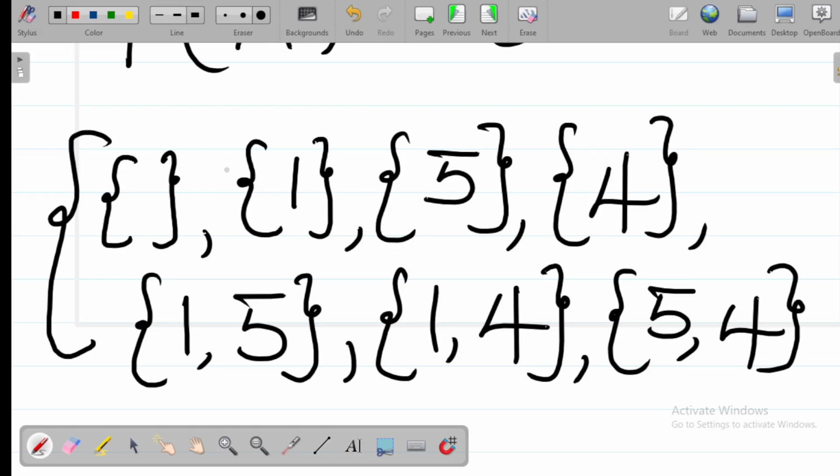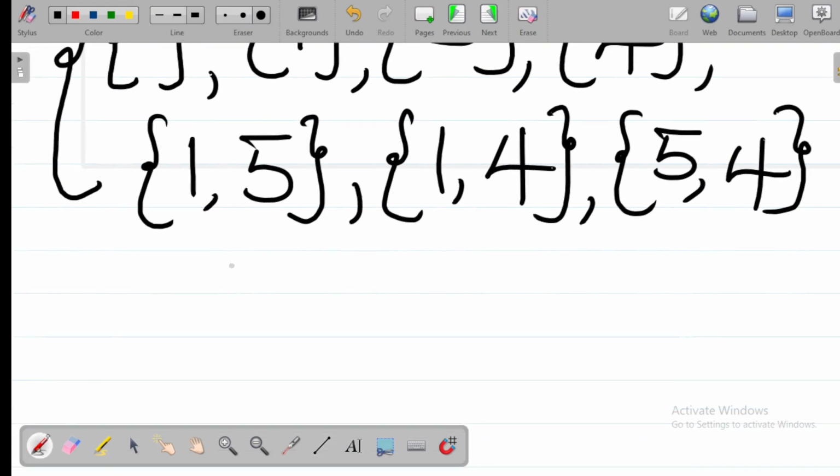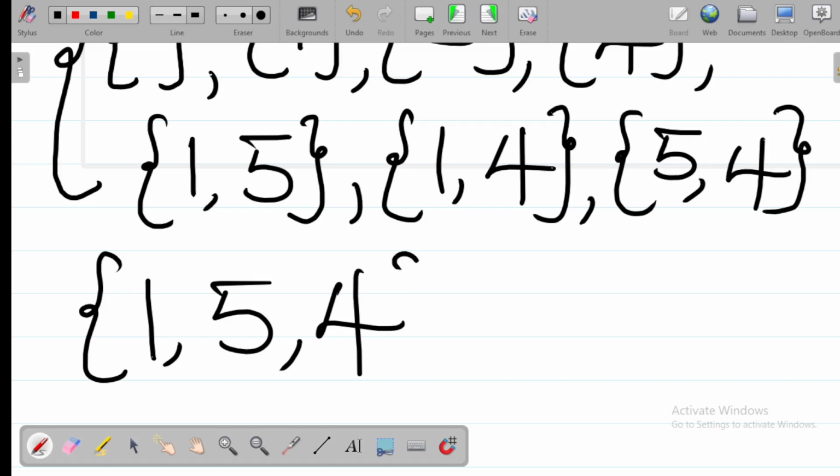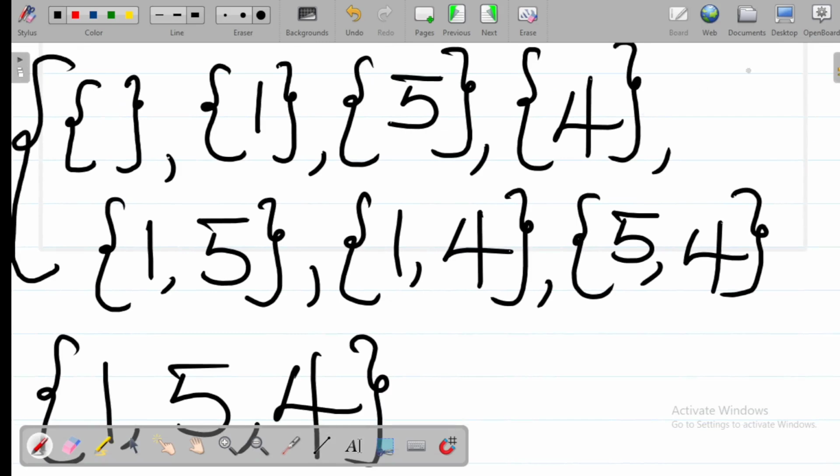First of all, you start with an empty set. You move on to individual sets. And then you write in 2s. When you are done writing in 2s, the next one is to write in 3s. So we have the elements in set A, which are 1, 5, and 4. Close the bracket.